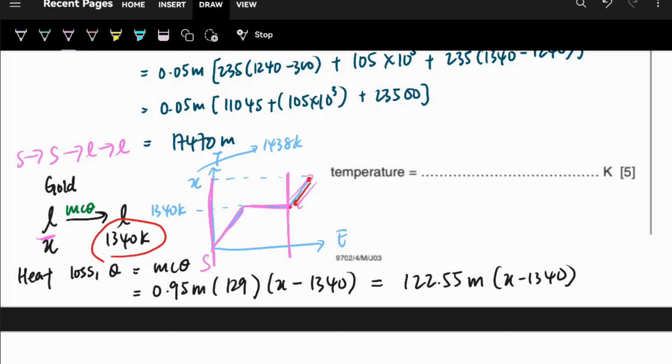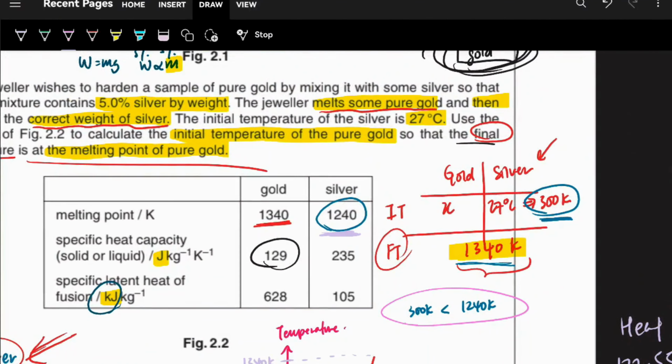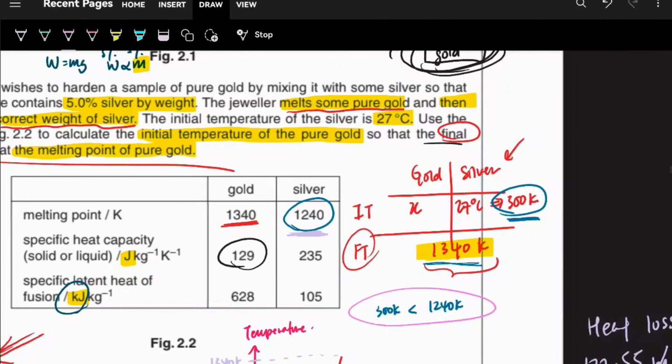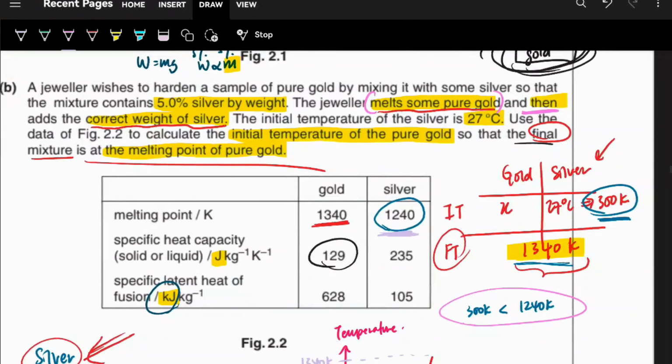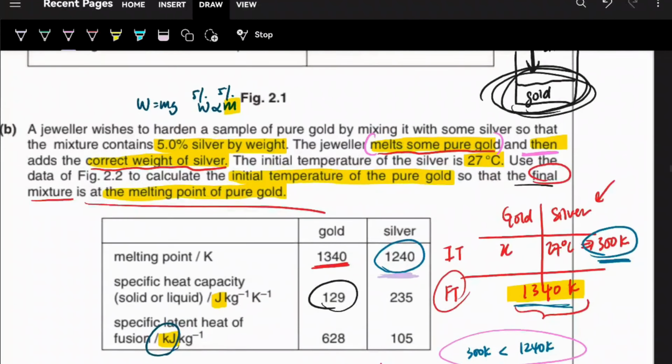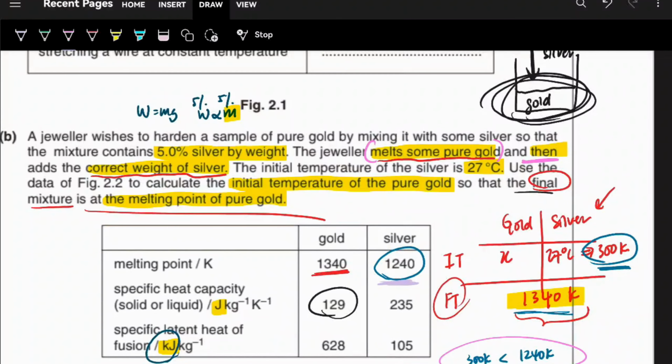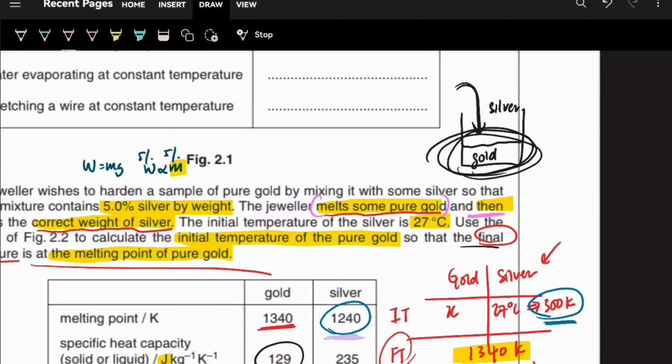So that is not possible because, first of all, one thing that I realized was the question explicitly mentioned the jeweler melts some pure gold, and then he adds the correct weight of silver. That means he has already melted the gold. The gold is already molten. Then only he added silver.